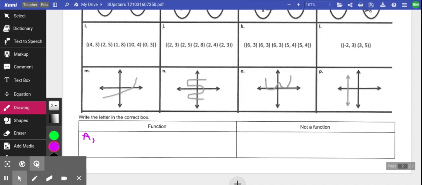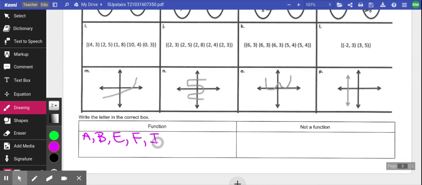Good, let's go over these then. So after A, what other one is a function? B, good. E, yes. F, I, yes. L. Good, and M. Anything else? O is kind of difficult.